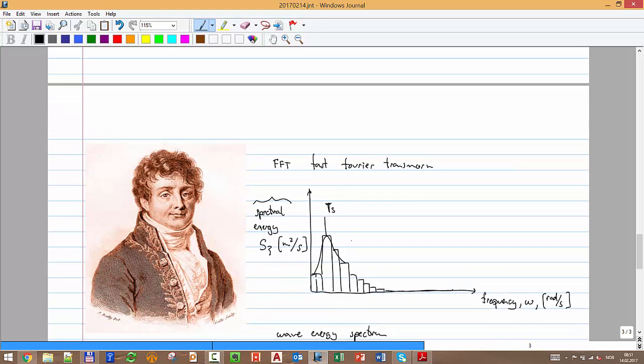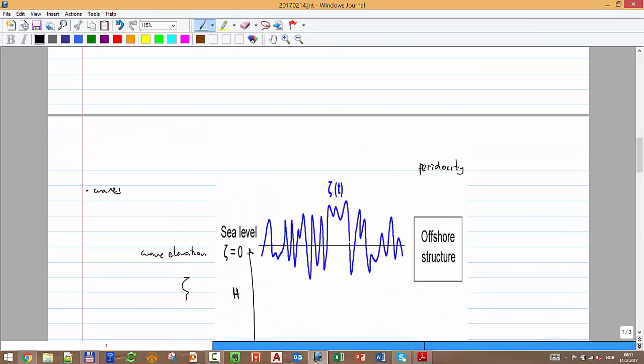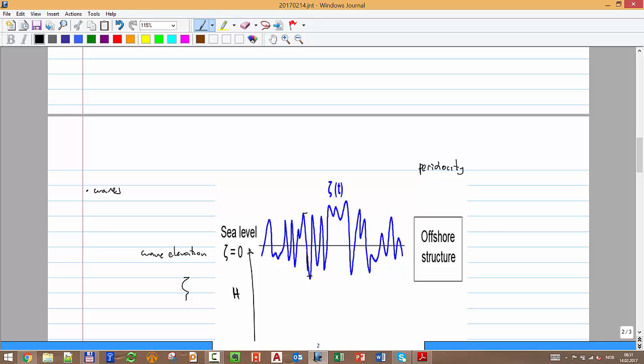But now let's change. I lied to you a bit. When I talked here about wave elevation, that's not really what we are concerned with. Usually what we are concerned with is the wave height, which is the difference of two consecutive waves. We are going to call it with the letter H. And that's what we usually use for design. The two things are kind of equivalent, but what we want is the highest water height that is going to impact the offshore structure, to calculate all the loads.